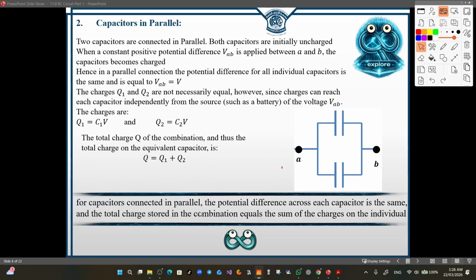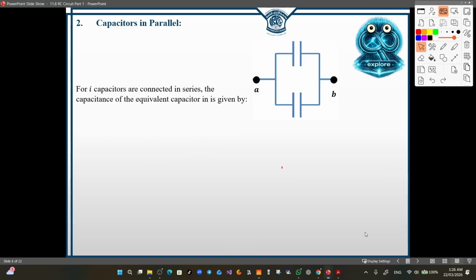So for capacitors connected in parallel, the potential difference across each capacitor is the same, and the total charge stored in the combination equals the sum of the charges on the individual capacitors. Now the equivalent capacitance C equivalent of a parallel combination is given by, we know that they will carry the same charge.